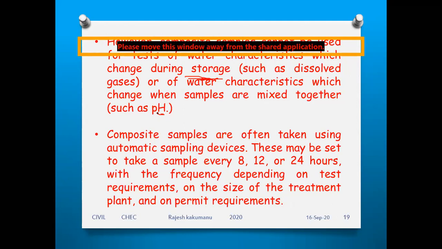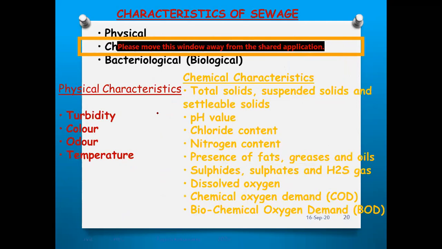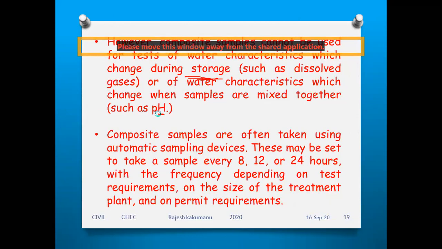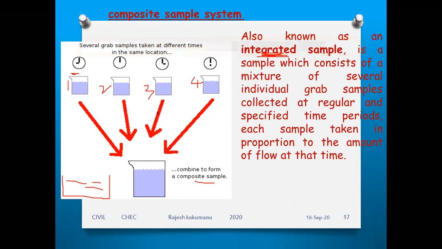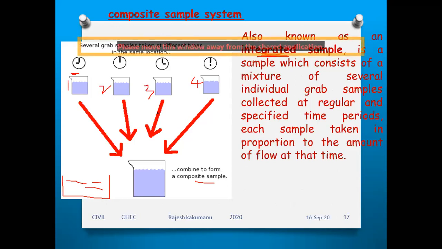So that is the point he has to say, right? So understood the topics of these water samples. We are having two types of samples. One is the grab sample system, the other one is the composite sample system. In the grab sample system, we are taking the sample of water at once, whenever the water is in motion or in a static condition in a container.